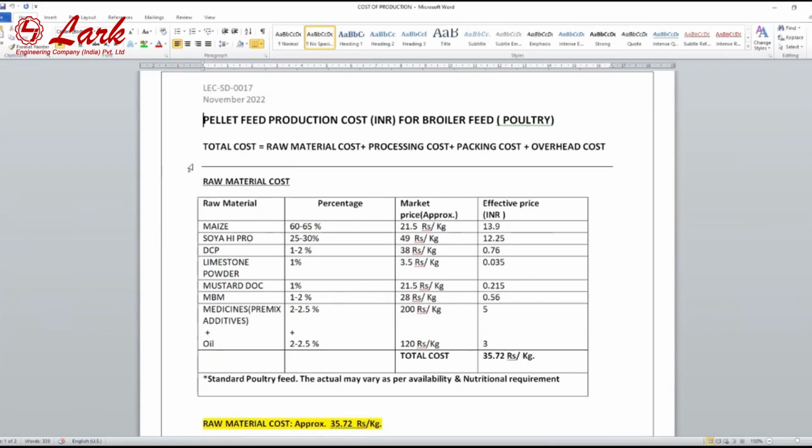In general, the total cost of producing a feed is having raw material cost, processing cost, packing cost and overhead cost.